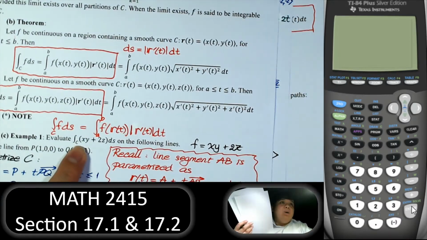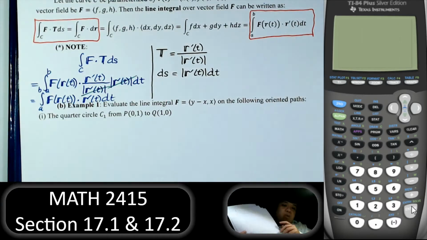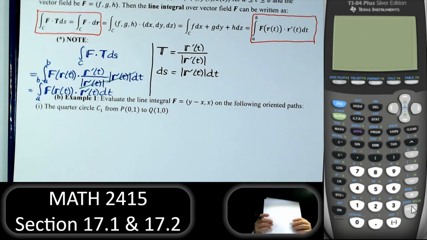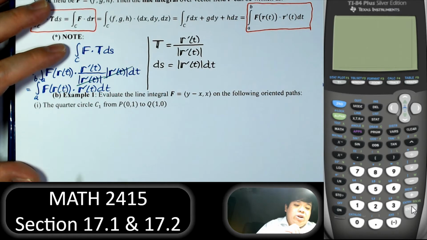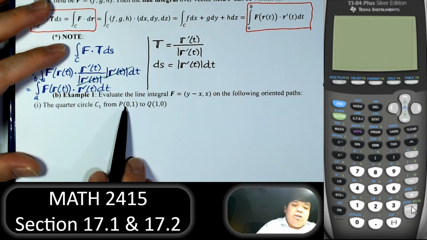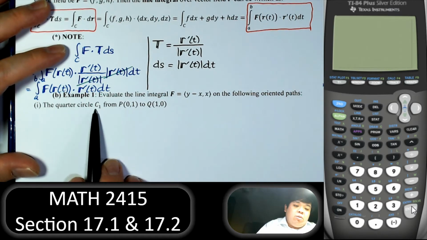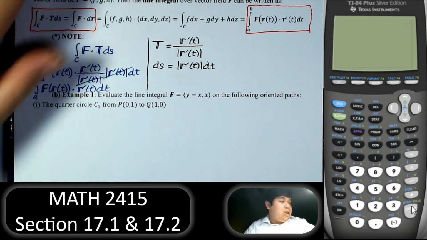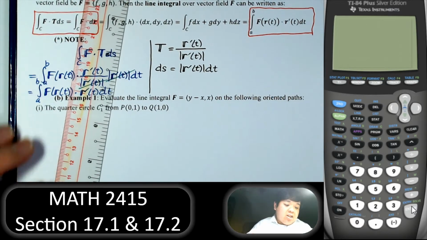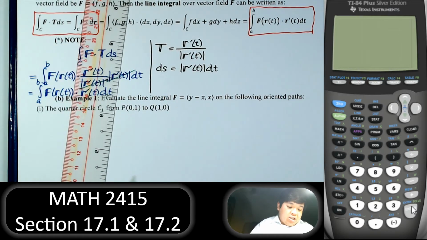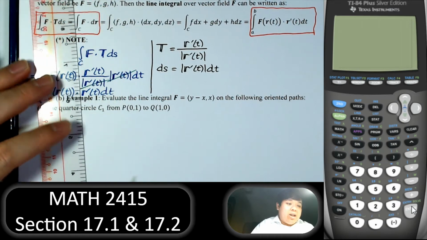This time we have the vector. That means we're going to need the vector form. Regardless, we need to parameterize the curve, the quarter circle from this point to that point. So let's draw a little sketch first, because the first step is always to parameterize the curve. We need to know what x, y are in terms of t.